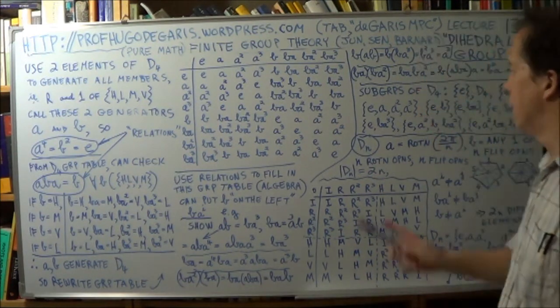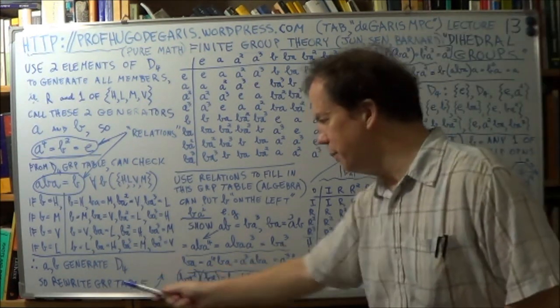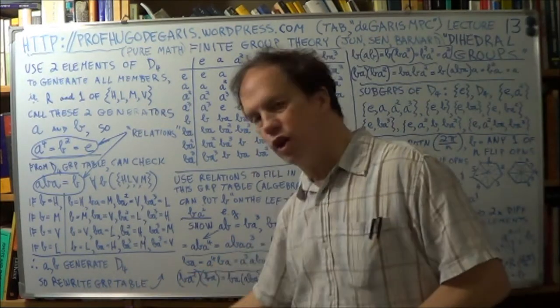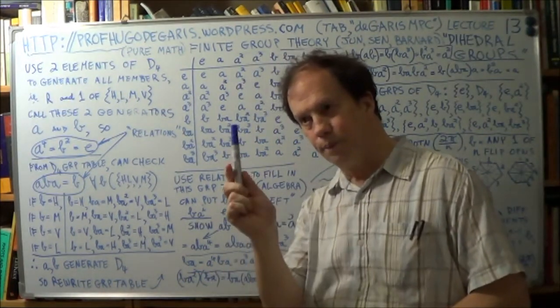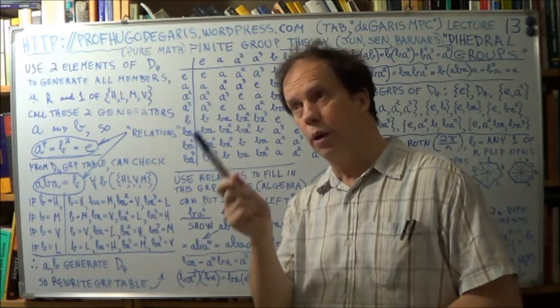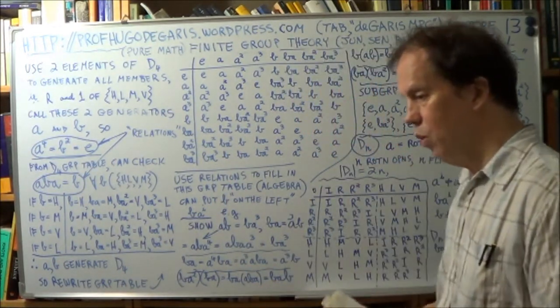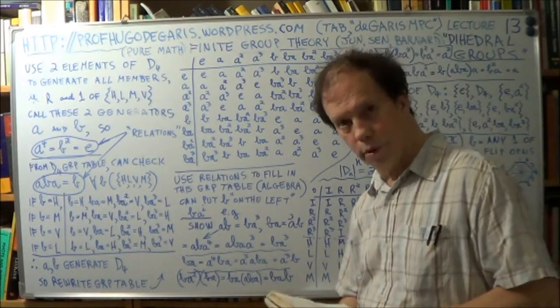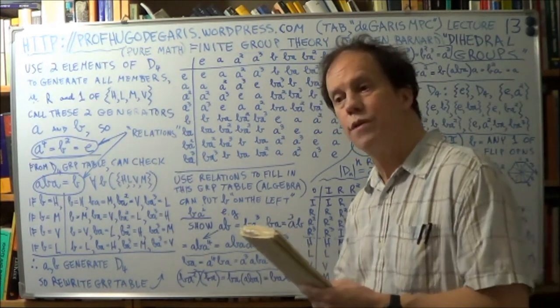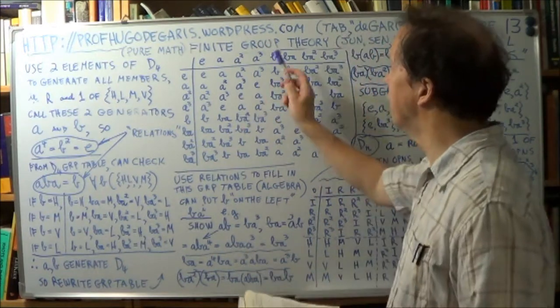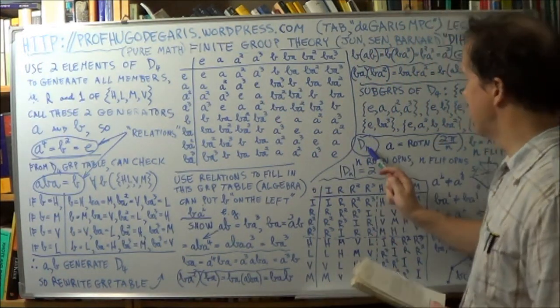Let's go to an n-gon. So a regular polygon of n sides, and what are its symmetry operations, and what would its group table be, right? So let's generalize to n.